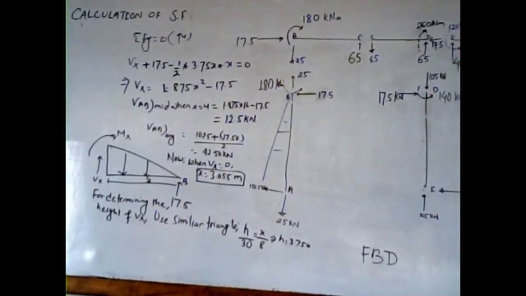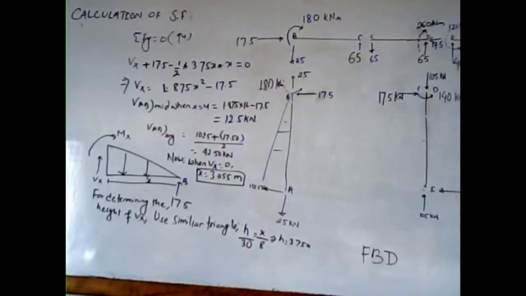If we put Vx equals 0 and solve for x, we get x equals 3.055. So the shear force will be 0 at a distance of 3.055 meter from joint B along BA.